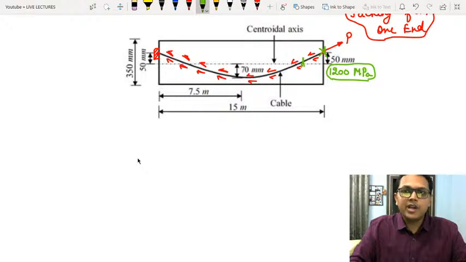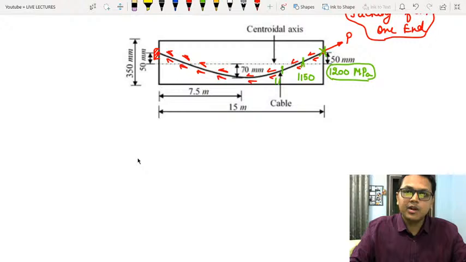So at this point, the pre-stressing force that will be left is equal to 1150. And as we move further away, another 50 megapascal is lost.